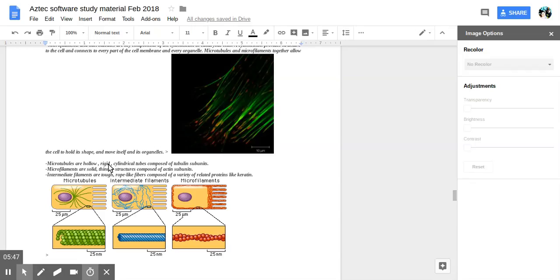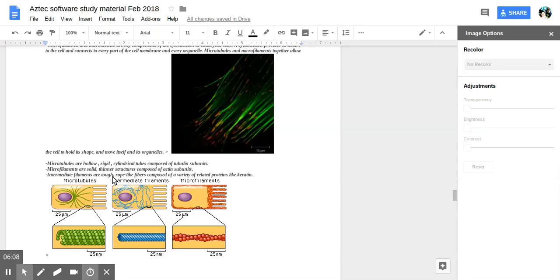Microtubules are hollow, rigid, cylindrical tubes composed of tubulin subunits. Microfilaments are solid, thinner structures composed of actin subunits.